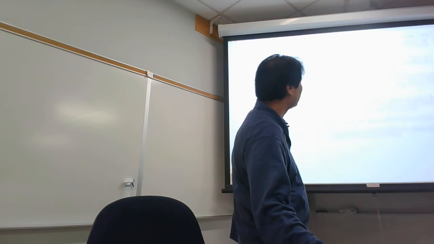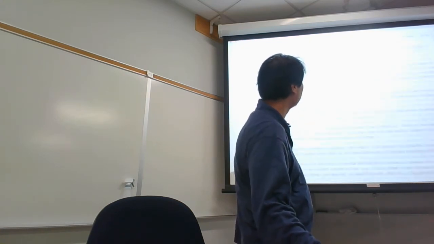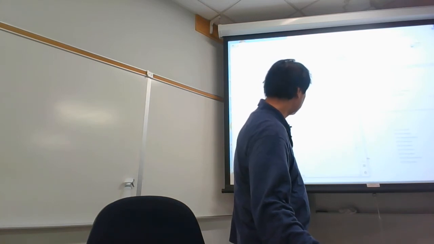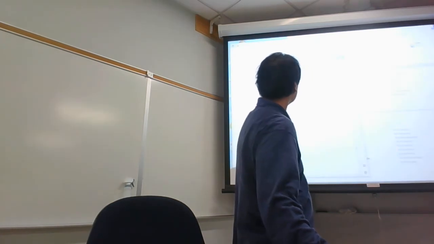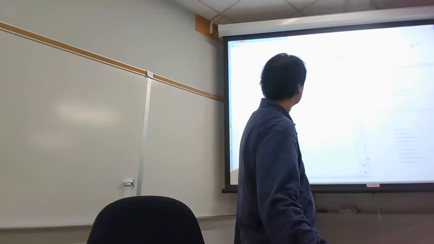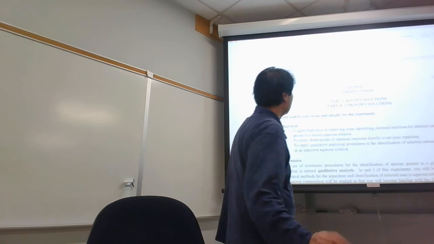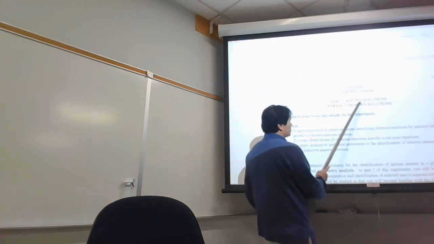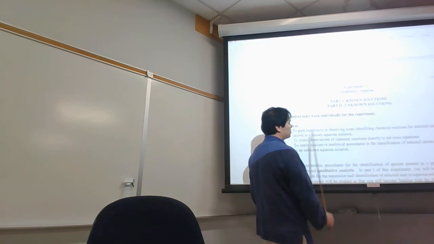In this case, we're going to be doing 2 things. The 2 basic things that we're going to be running are the known solution, which is part 1. The known solution contains everything. So you should test positive for all the species, all 8 of them.